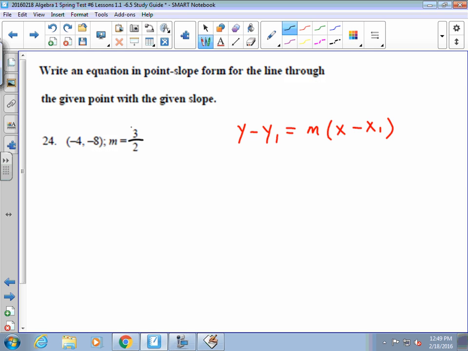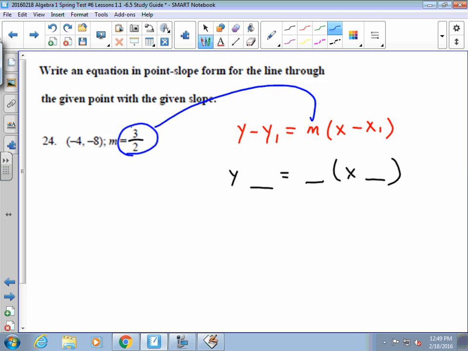So you're going to have y minus y sub 1 equals m times x minus x sub 1. We have three things to plug in. M is the easiest thing to plug in because you don't have to change anything. In place of m, plug in 3 over 2. There's your slope. Your x sub 1 and y sub 1 are the opposites of whatever they're shown.